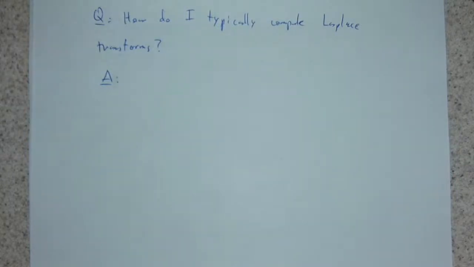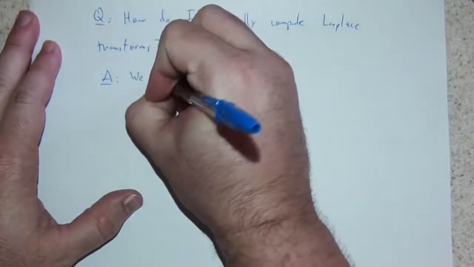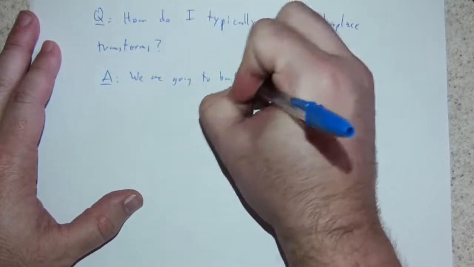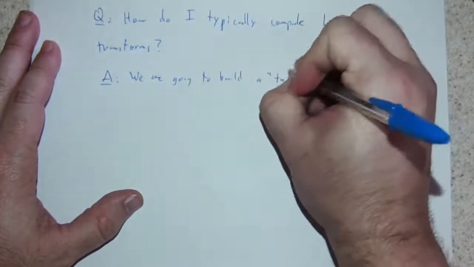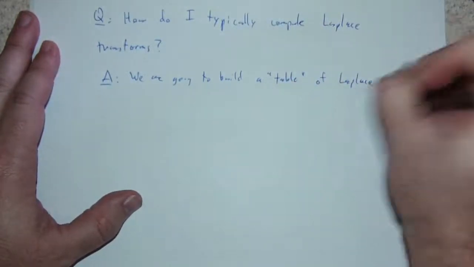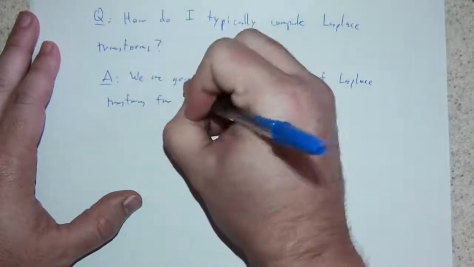So the good news is that you don't have to do that typically. The way that we compute these things typically is we are going to build a table of Laplace transforms for basic functions.